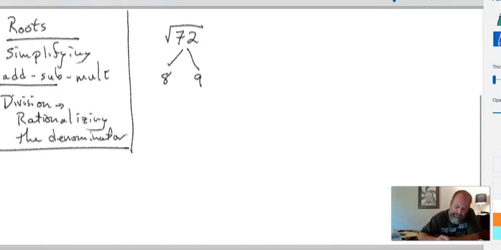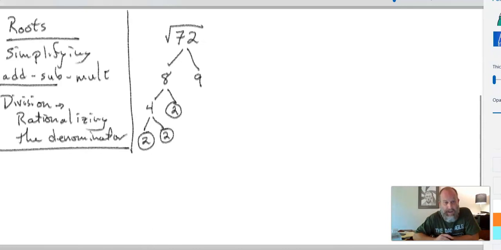So we can continue moving down each one of these columns here. 8 can be written as 4 times 2. Now 4 is not prime, but 2 is. So I'm going to circle the 2 so I don't lose it, because I want to keep track of these primes. And then 4 is 2 times 2. So you notice I just kept breaking down the number as I went.